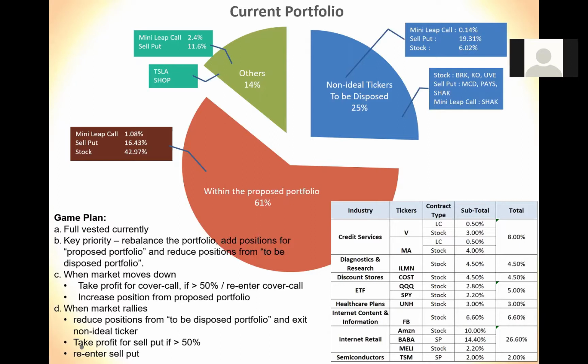Not that I'm very familiar with this business, but in my current job I have quite a lot of dealings with these internet retail companies because I'm working with PayPal. All these internet companies are our partners. The other part is credit services, which is Visa and Master. These are also the key card acquirers which we at PayPal work very closely with.